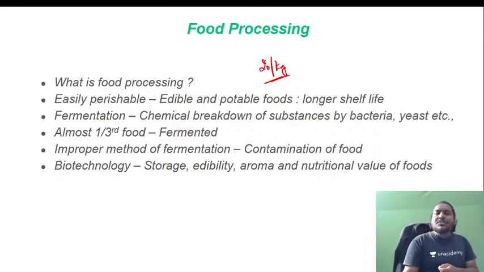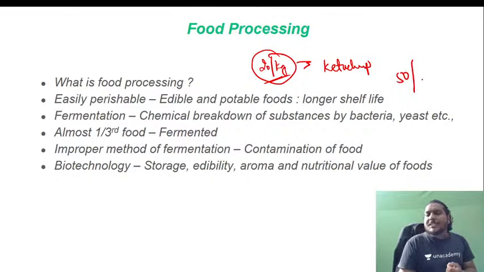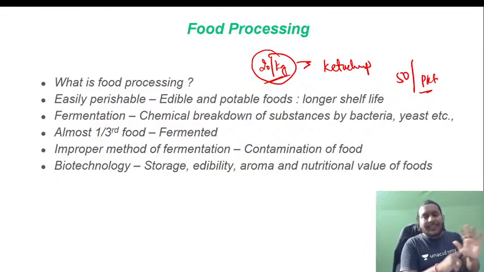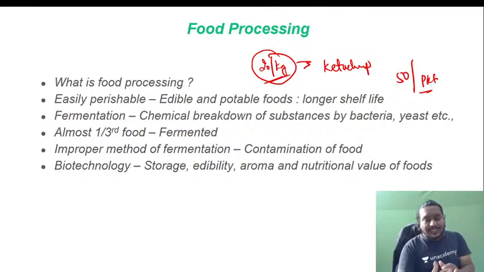But when these tomatoes go to processing and come out as ketchup, and they say 50 rupees for a small packet of ketchup, you won't bargain. You will see the MRP, the date of manufacturing, and say, okay, give it. This is the kind of situation that we are seeing, isn't it?